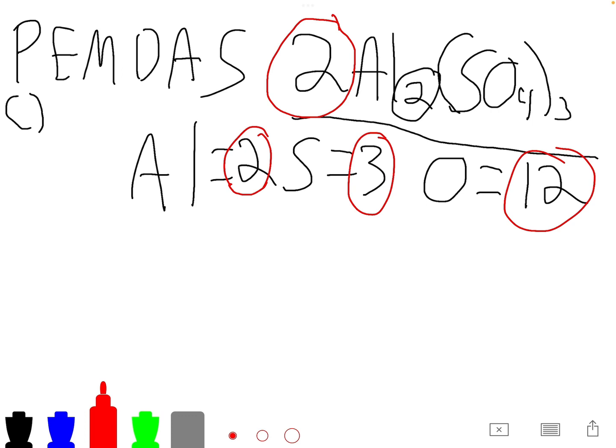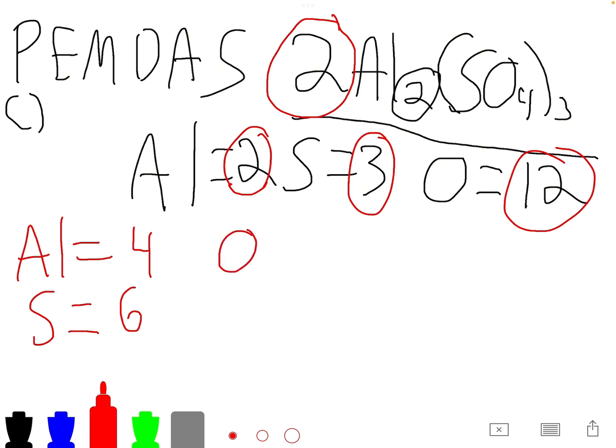So you're just going to take that 2 and multiply it by all of the total atoms you have. So we have aluminum, 2 times 2 is 4. Sulfur, 3 times 2 is 6. And then oxygen, 2 times 12 is 24. So that's your multiplication, and there is no division.